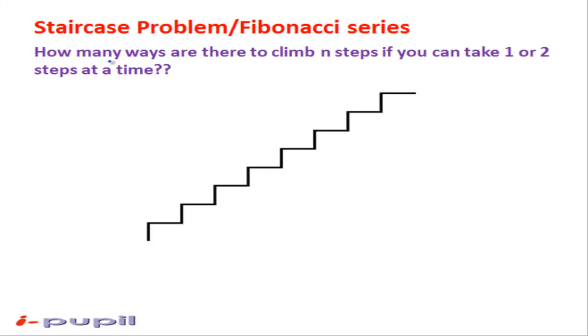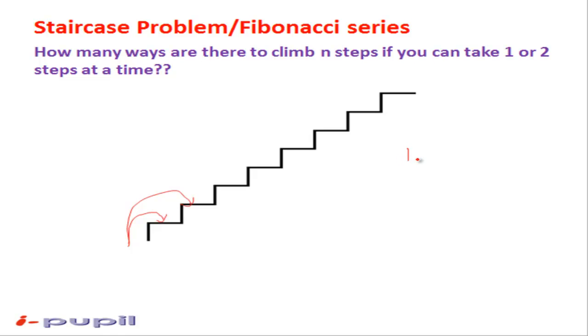The problem says, how many ways are there to climb n steps if you can take 1 or 2 steps at a time? So we start at the ground step and we take either 1 step or 2 steps at a time. To reach the top of a staircase with n steps, there can be many ways.